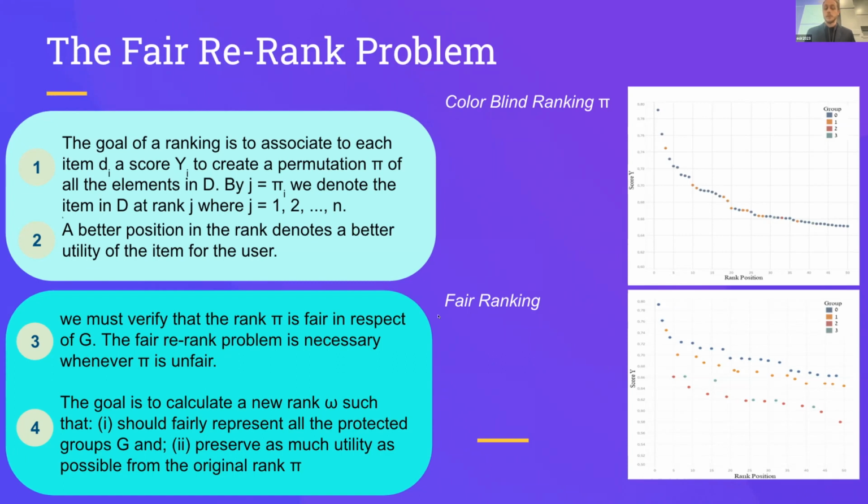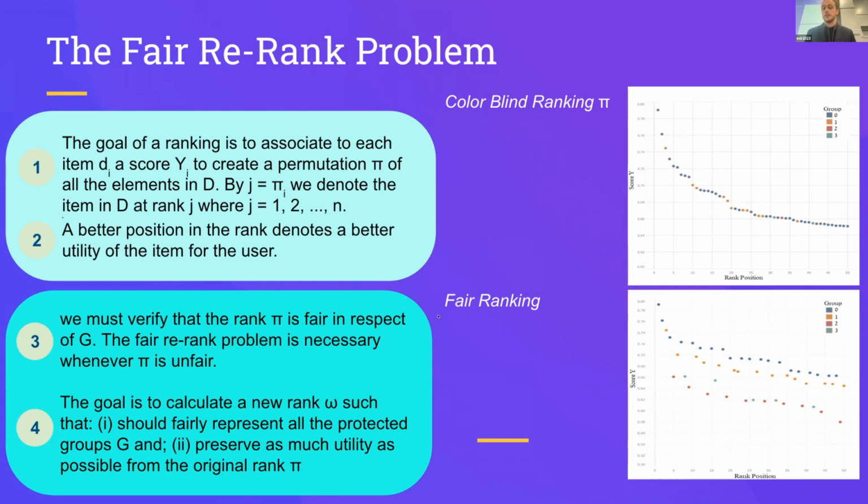Next point, we must verify that this rank π is fair with respect to groups G. The fair rank problem is necessary whenever π is unfair. So the goal is to calculate a new rank omega that should fairly represent all protected groups G and preserve as much utility as possible from the original rank π.